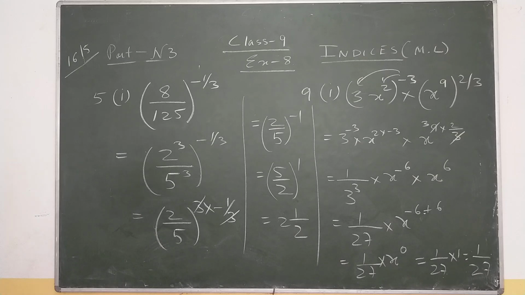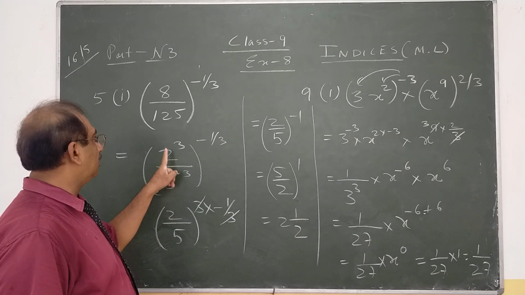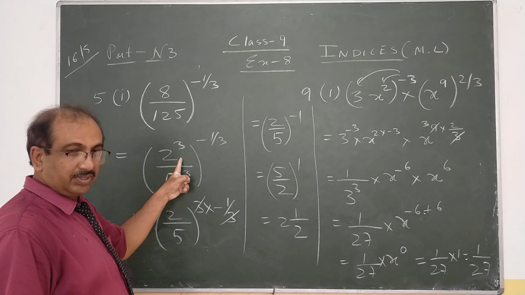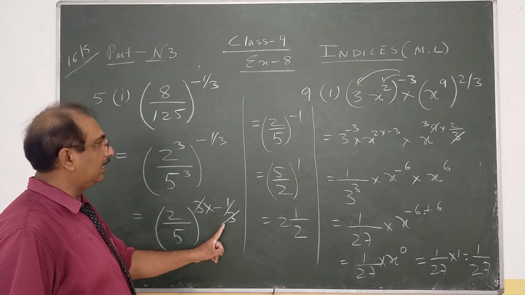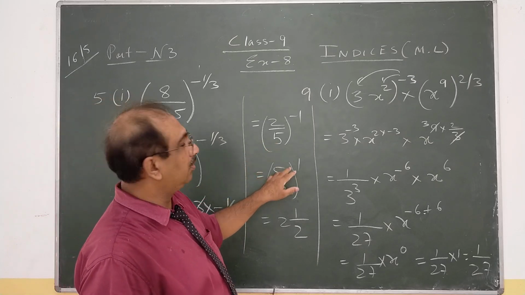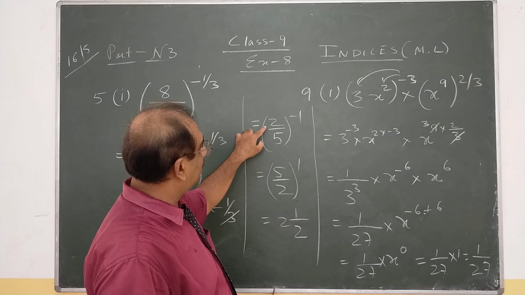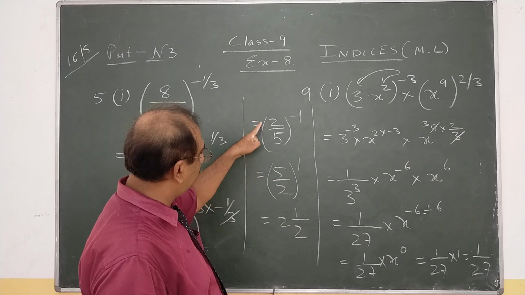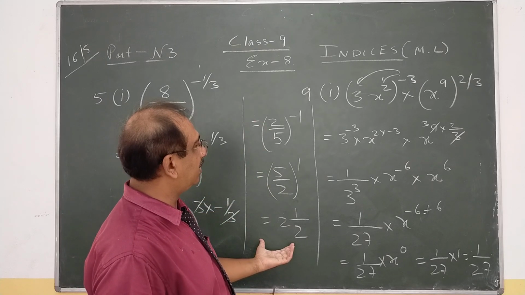So once more, here we have taken out and converted it to an indices form. That's why it's called indices. Index we take, then we take out common and cancel. Minus power, you have to invert the numerator and denominator. Denominator becomes numerator, numerator becomes denominator. 5 by 2 is 2.5 in mixed fraction.